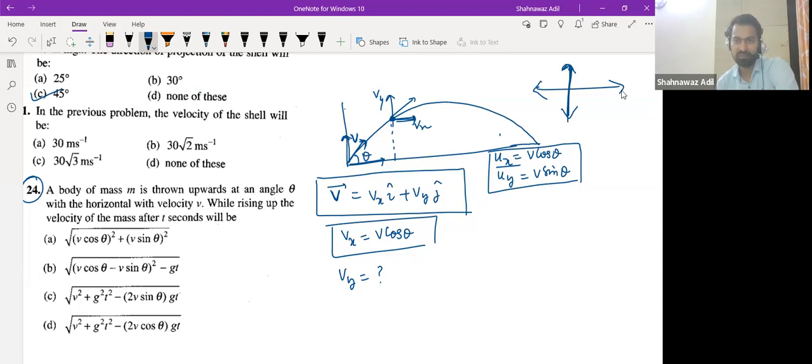The x component is 0, but ay is opposite, so that is minus g, right, guys? Okay, so what would be Vy? This is the first thing that we discussed in the projectile class.